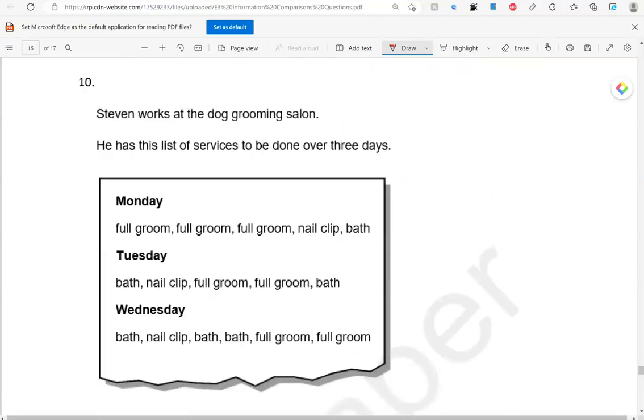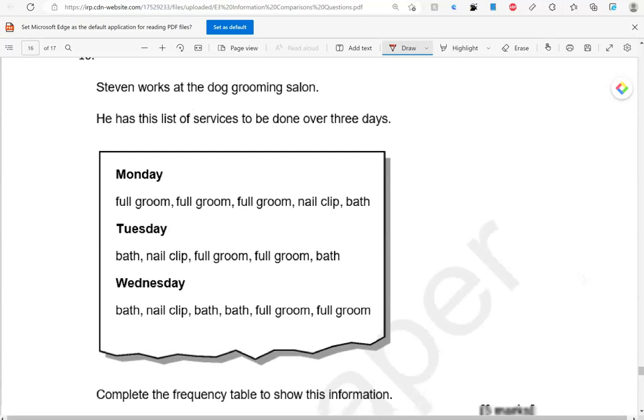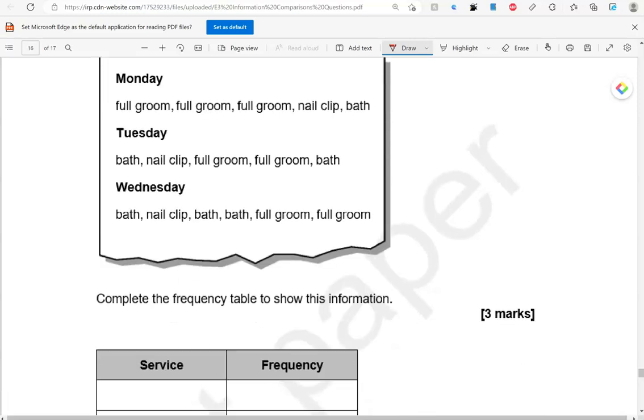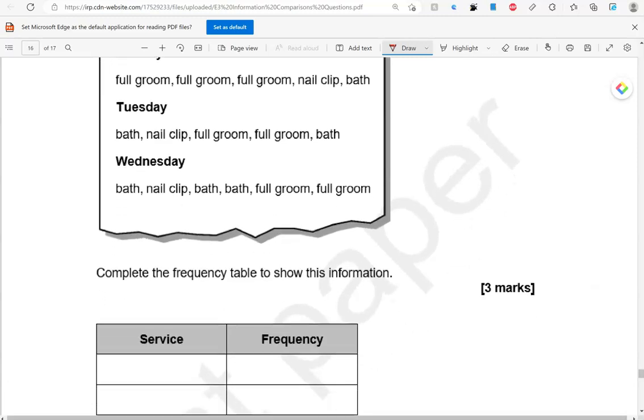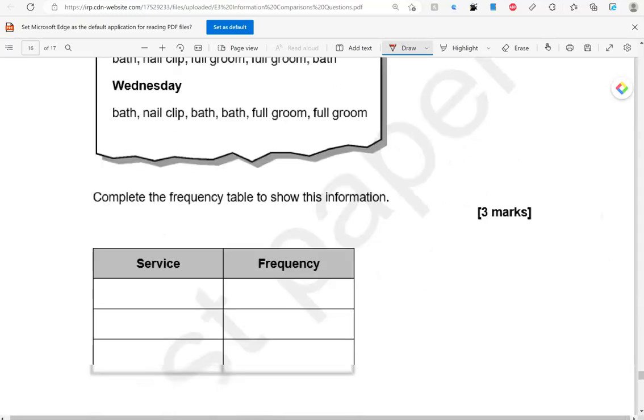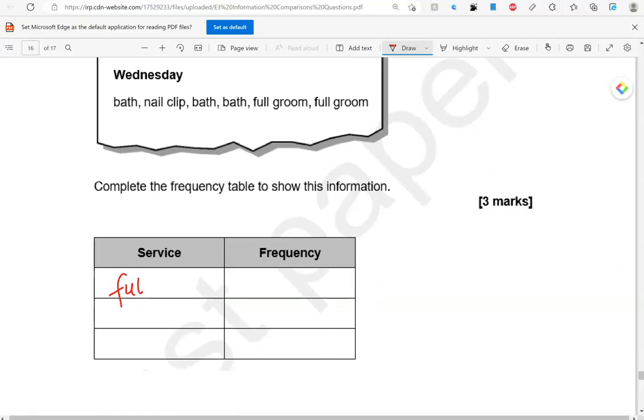Stephen works at the dog grooming salon. He has this list of services to be done over 3 days. Complete the frequency table to show this information. Service, we've got full groom, nail clip, bath, so 3 of them.